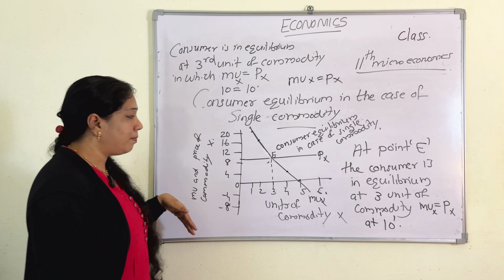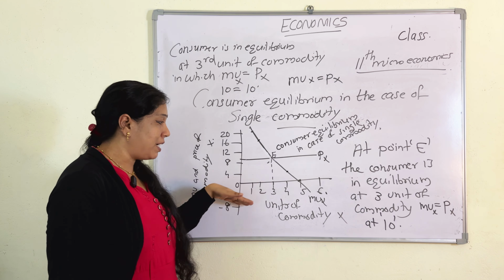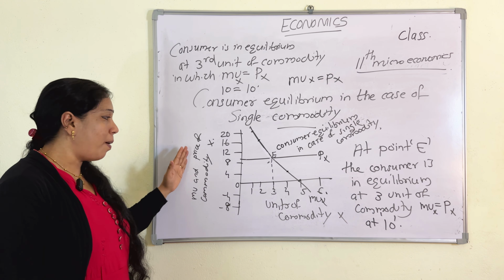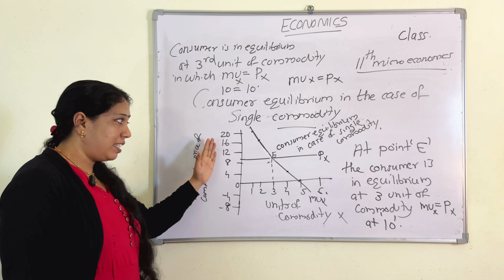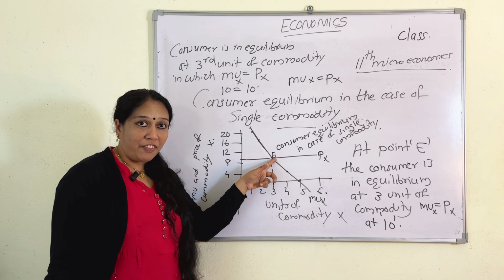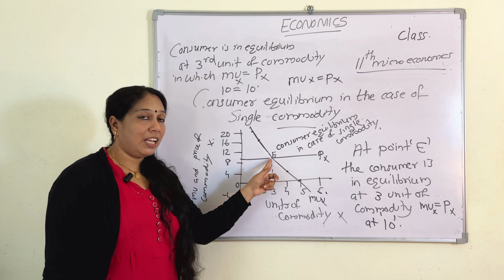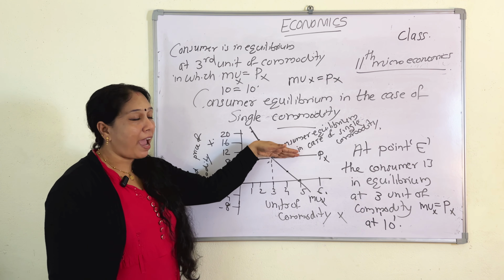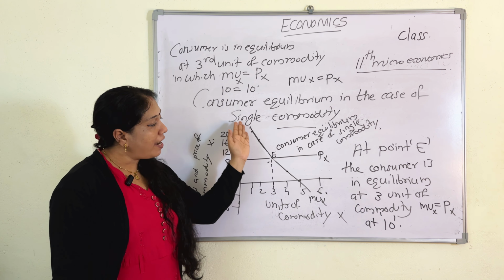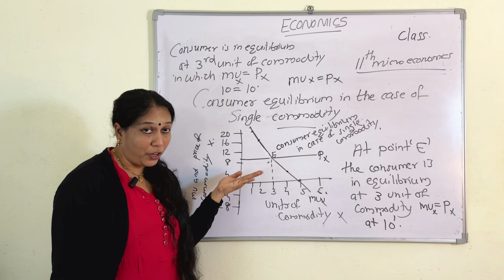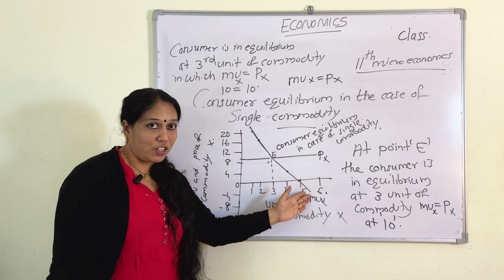Once again I will explain. Units of commodity is measured on the x-axis and marginal utility and price of the commodity is measured on the y-axis, and E is the equilibrium condition. At that point E, MUX is equal to PX. PX is constant, so it is always parallel to the x-axis, and the MUX slopes downwards because when we increase the consumption of X commodity, the marginal utility continuously falls.